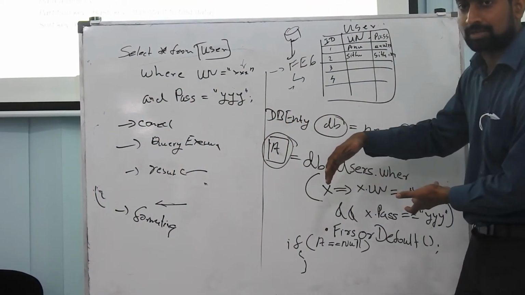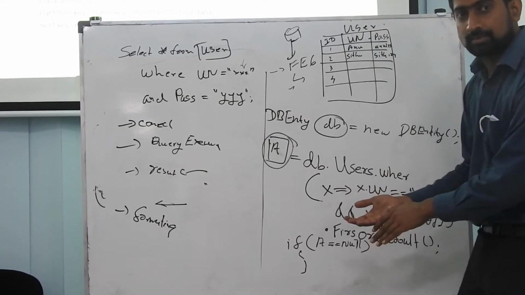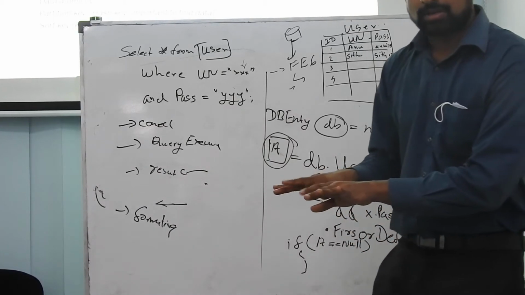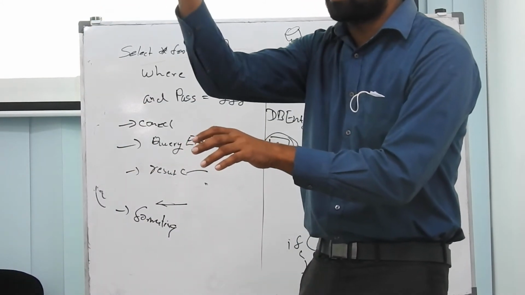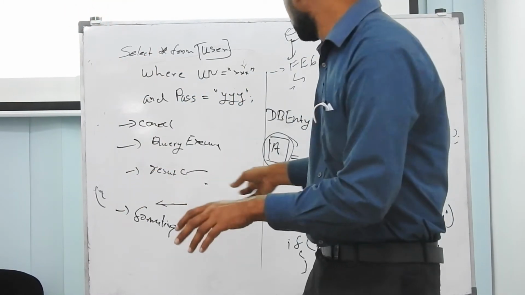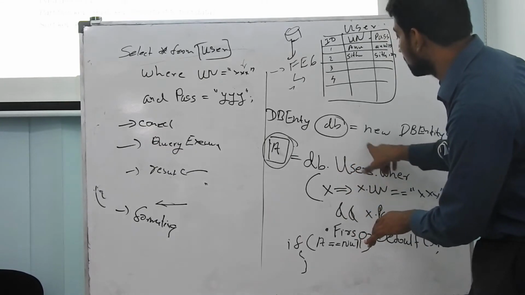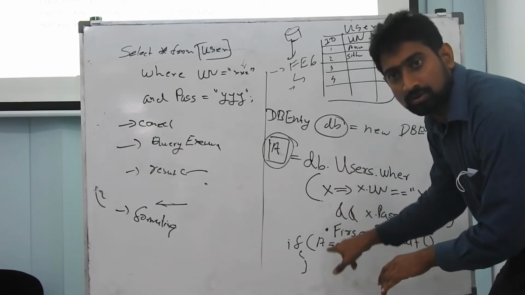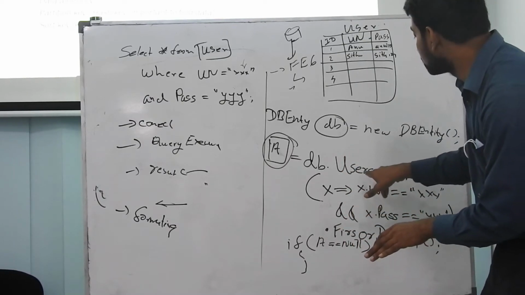When you write lambda expressions in Visual Studio, IntelliSense pops up and suggests. When you put db dot and type u, it automatically shows users, and then you just select.